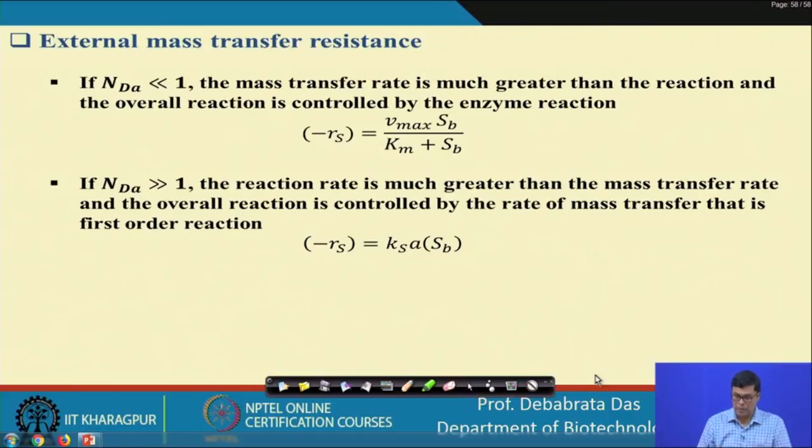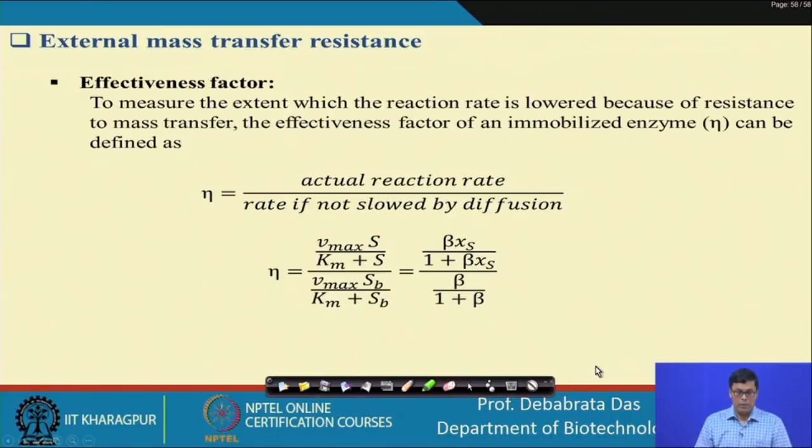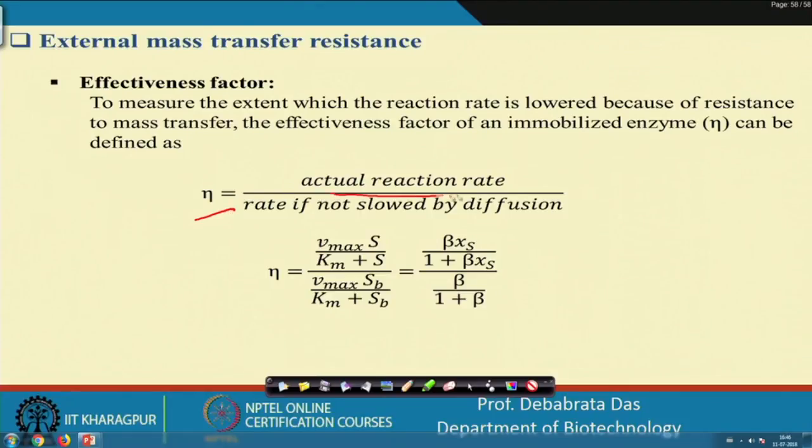Okay. Now again there is a parameter called the effectiveness factor. The effectiveness factor determines how diffusion affects the rate of reaction. This is the actual reaction rate divided by the rate of reaction when there is no mass transfer limitation, that means when all the substrate is available for the reaction.